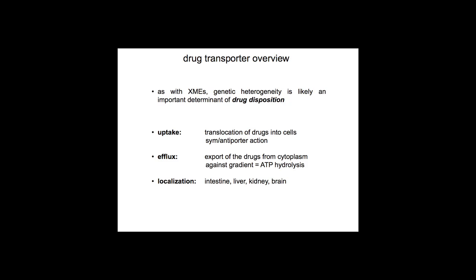What I'll say about uptake first is that these molecules tend to function as symporters or antiporters, and that is to say that they utilize a concentration gradient of another molecule, perhaps a small ion, sodium or carbonate or protons, and use that concentration gradient and the re-equilibration of that small molecule across the concentration gradient to deliver the drug to one side of the cell membrane or another.